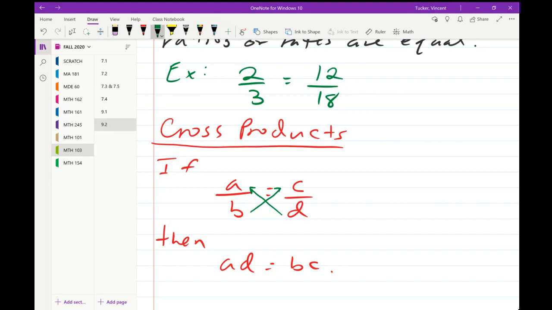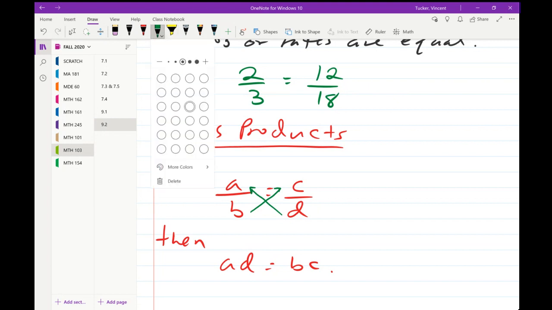The way we will be able to solve a proportion, or check if we have a proportion, is by the cross products. It says if we have A over B equal to C over D, then we can do cross multiplication. Take your denominators up to the opposite numerator. In other words, take your D to the A, take the B to the C, and AD will be equal to BC.